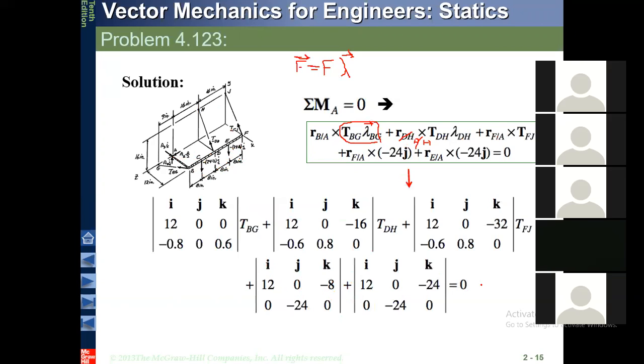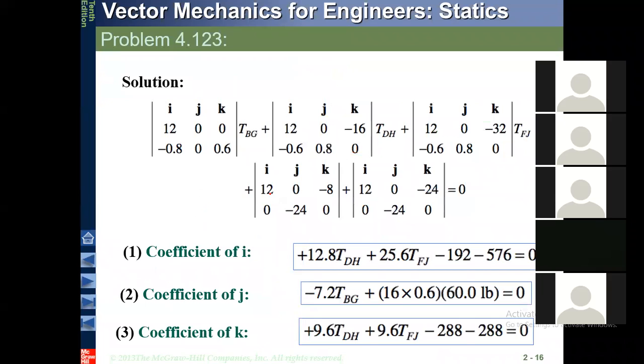You do not have any unknowns here because you have the magnitude of the forces. These are external forces. So this is the main equation. If you calculate these cross products, you're going to have three components in X, Y, and Z direction.